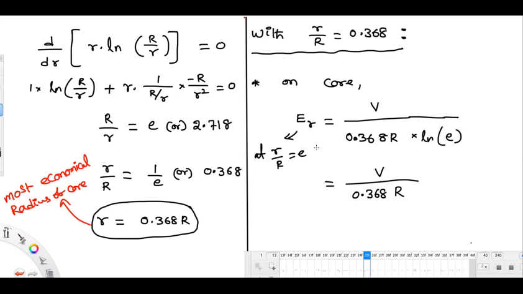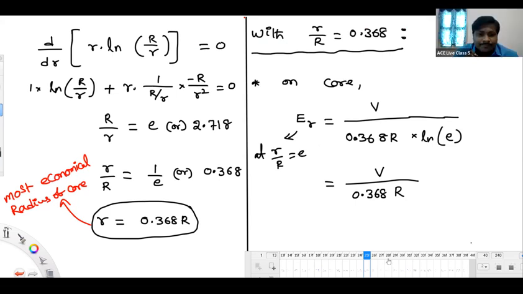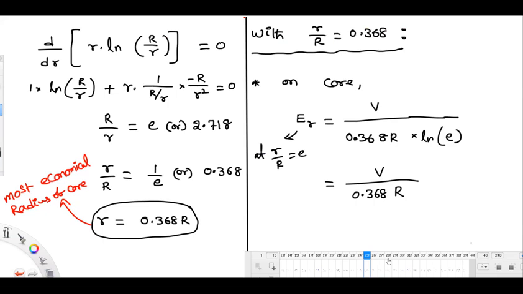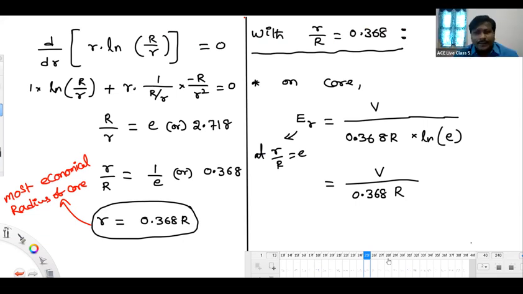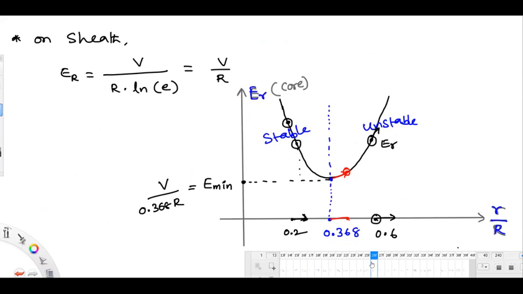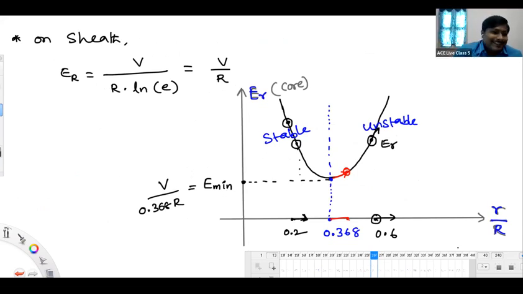Now tell me, what's your doubt here? Sir, we are taking the maximum at the core surface, no, sir? But in the curve, the minimum is equal to the core surface. So this E minimum is E smaller, right?